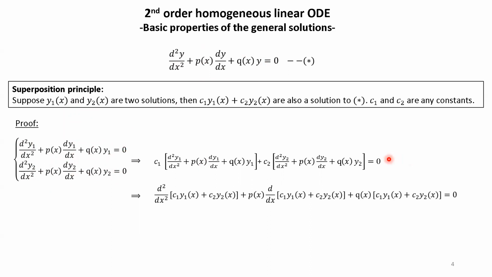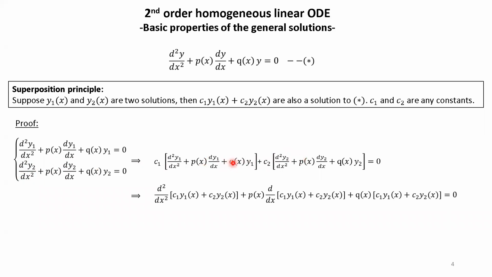Of course the right hand side is still 0, and the left hand side is these terms added together. Actually, it's not just summing: I multiply the first one by c1 and the second one by c2, so it's a linear combination.